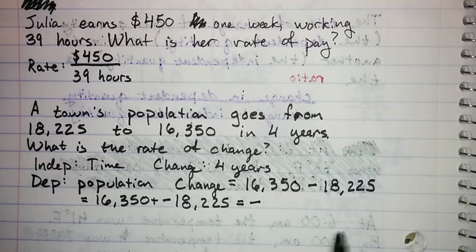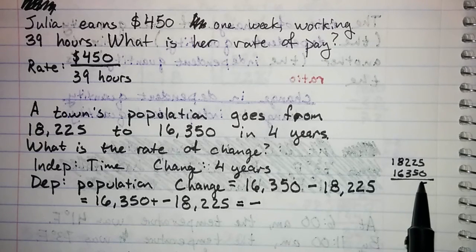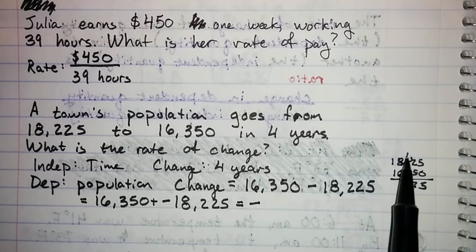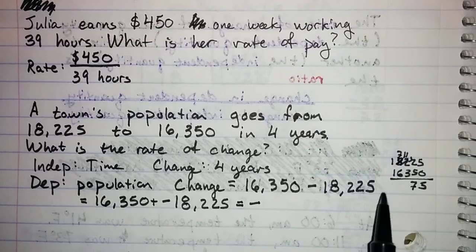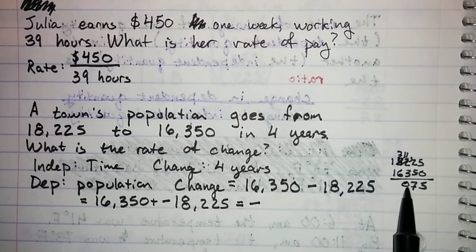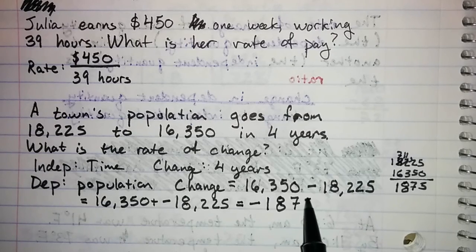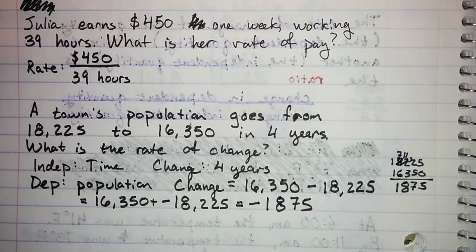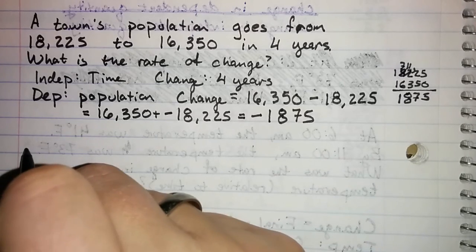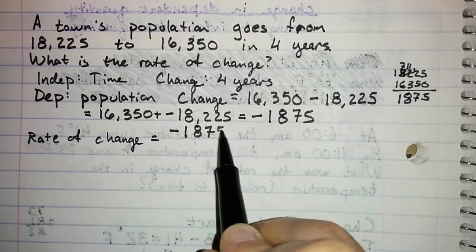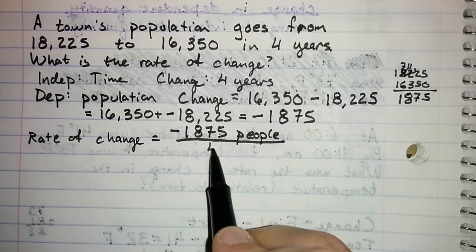We actually work out the subtraction in the order that works, bigger minus smaller. 5, borrow, 7, borrow, 8, 1. Negative 1,875 is the change in the population. So the rate of change then is negative 1,875 people in 4 years.